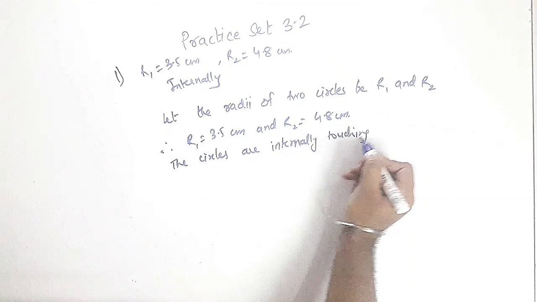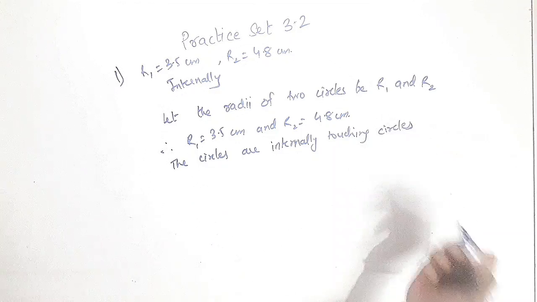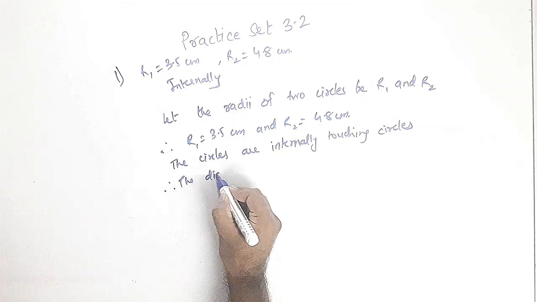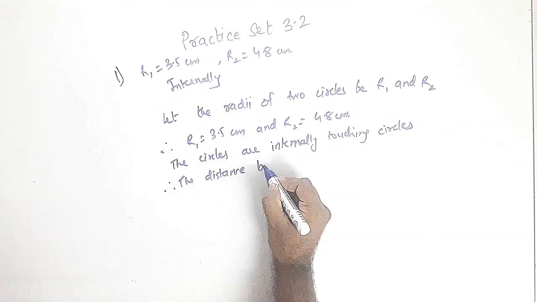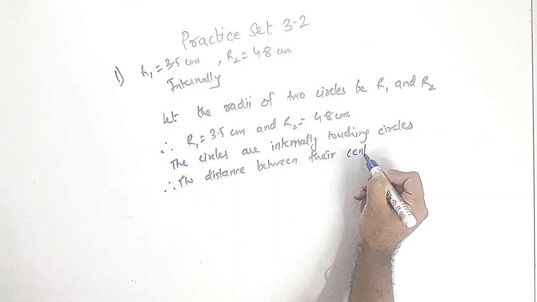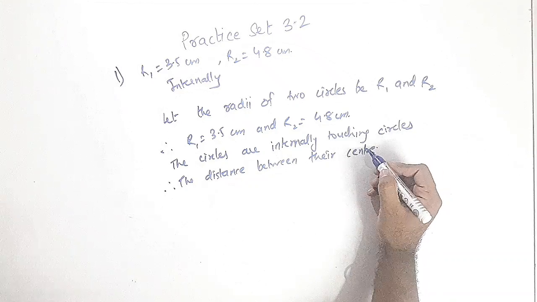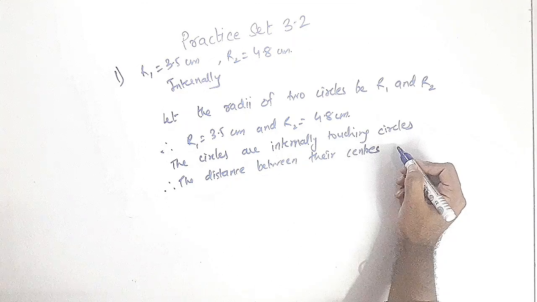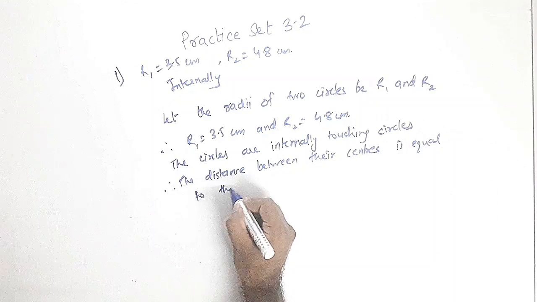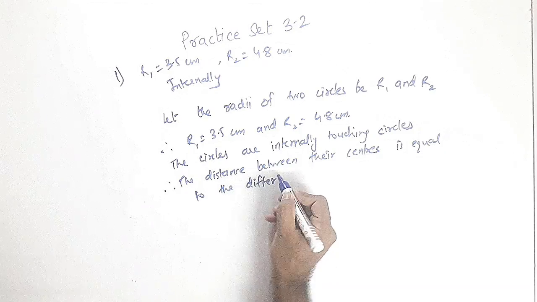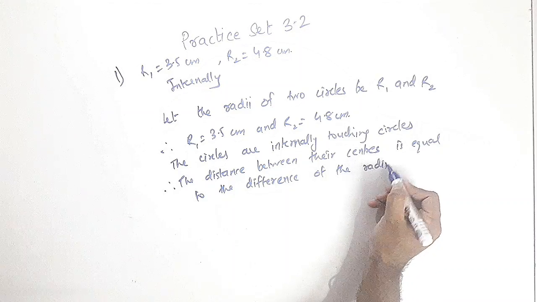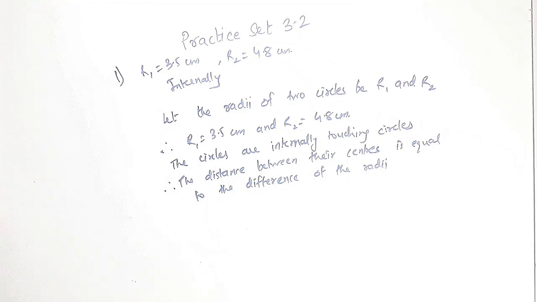After writing this only, you can write, therefore the distance between their centers is equal to the difference of the radii. It is equal to the difference of the radii.